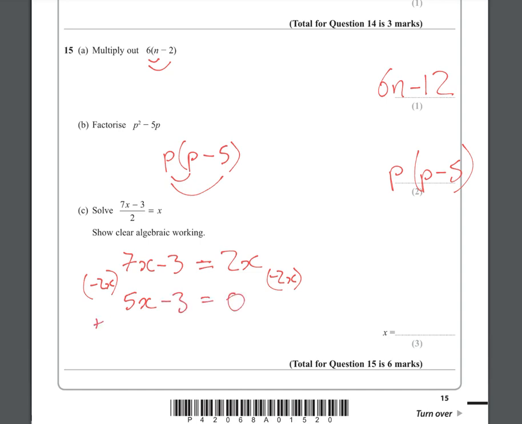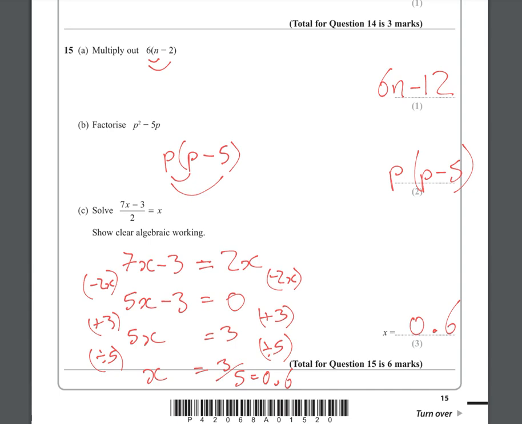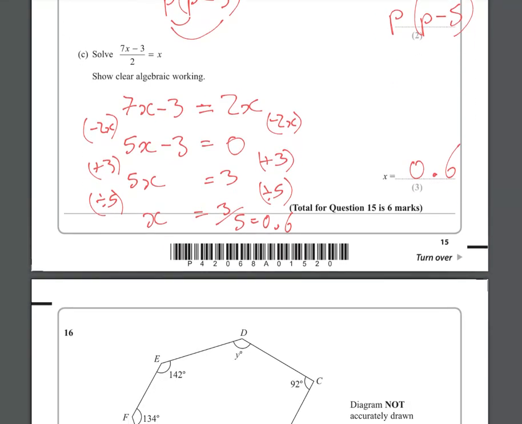Get the numbers on the other side, so I'm going to add 3. So 5x equals 3, and then I'm going to divide by 5. So I get x equals 3 over 5, or 0.6.